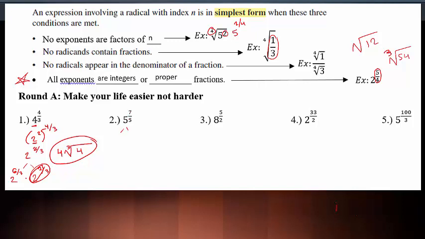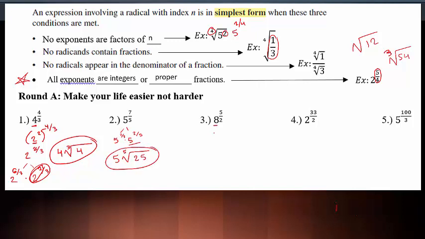So we want to break it into 5 to the 5/5 and 5 to the 2/5. Both exponents are following the exponent rules, so we'll go ahead and write this as 5 to the 1st, and we'll convert that part back into a radical, which is the 5th root of 5 squared, which is just 25.